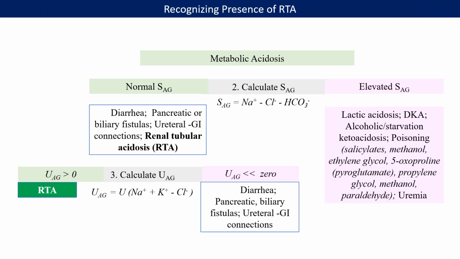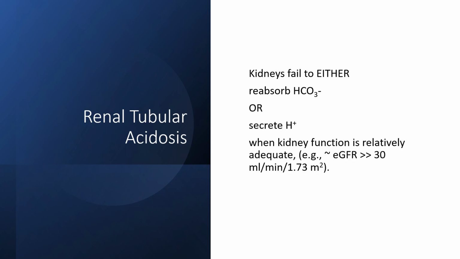Putting everything together, we can entertain the diagnosis of RTA when we have a metabolic acidosis with a normal serum anion gap and a positive urine anion gap. Let's take a look at how RTA occurs. RTA occurs when the kidneys fail to either reabsorb bicarbonate or secrete hydrogen when kidney function is relatively normal.